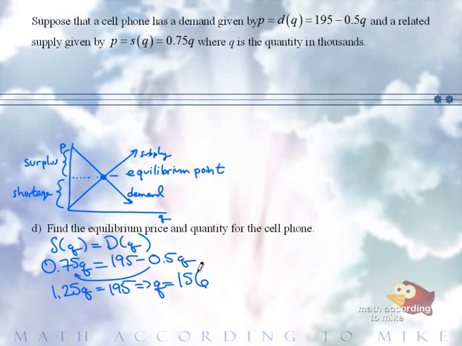So let's do the 0.75Q equilibrium price. Oh, that's not nice. What is 0.75 times 156? 117.